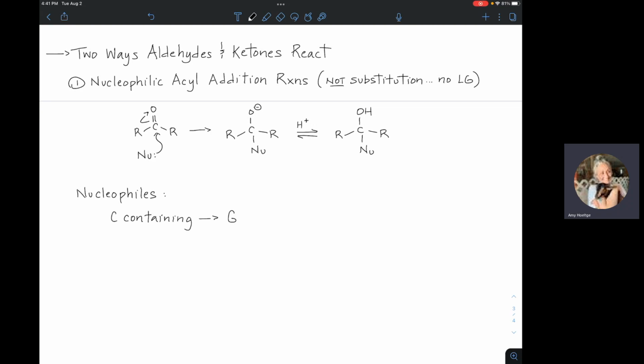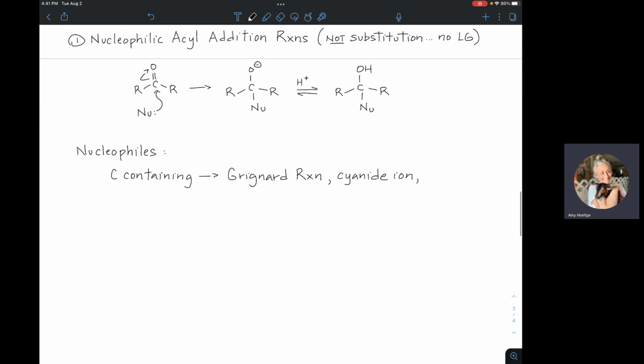We can do a Grignard reaction, or we could react, I should say, an aldehyde or a ketone with a Grignard reagent. We could add cyanide. We could add, let's see, we could deprotonate a terminal alkyne.